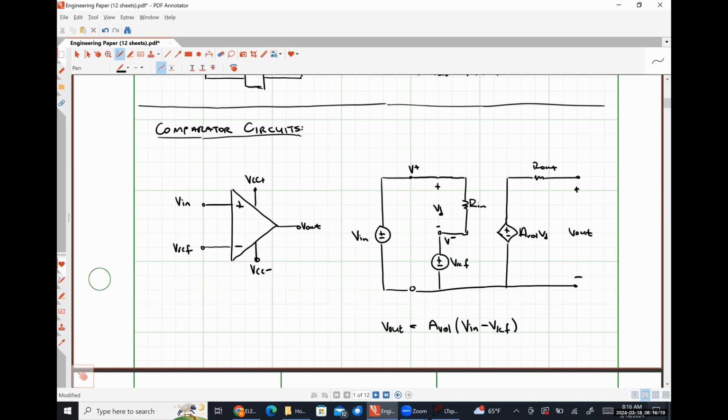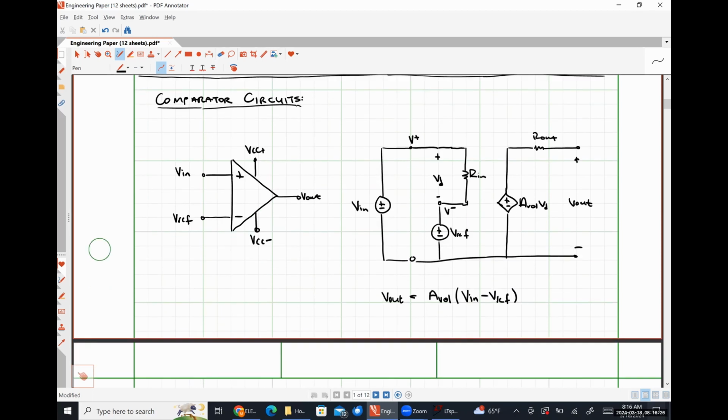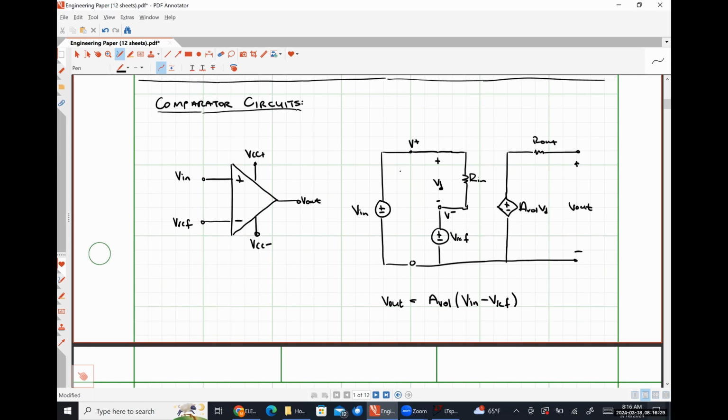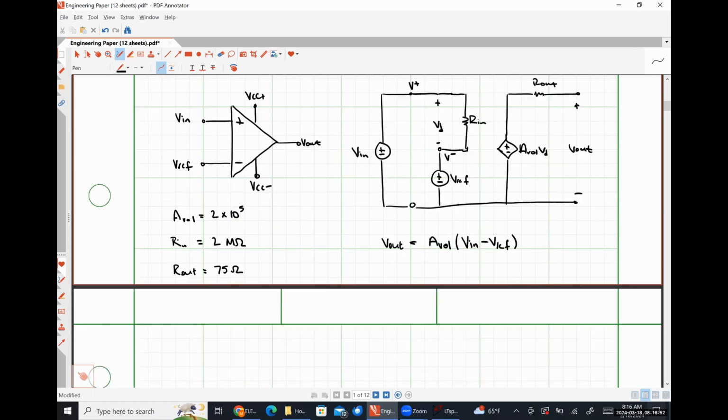So let's make a plot of this output voltage for a few different parameters, okay? So let's say that we're dealing with a μA741 op-amp again, such that our open loop voltage gain is 2 times 10 to the 5. Our input resistance, which here doesn't particularly matter, is typically 2 megaohms, and our output resistance here is 75 ohms.